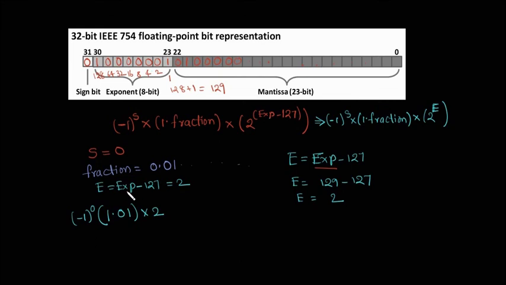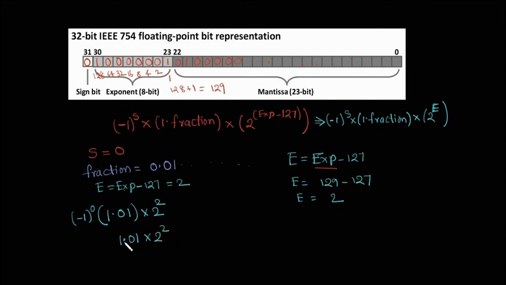We write the calculated exponent, we remove the bias. First we calculate the exponent value, we remove the bias because we initially added 127 while storing into the floating point representation. So this is 2. The number is 1.01 into 2 power 2.